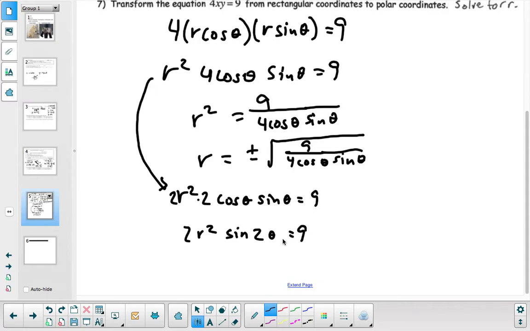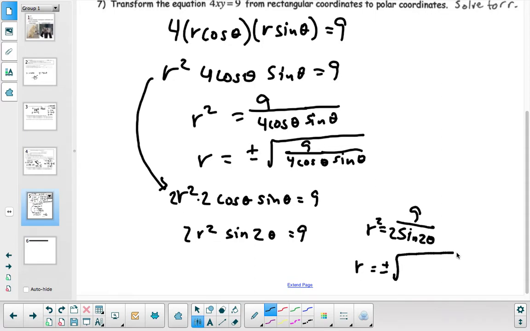So then you could divide by both those things, and you get that r squared is equal to 9 over 2 sine 2 theta, and then you're going to take the square root of that.